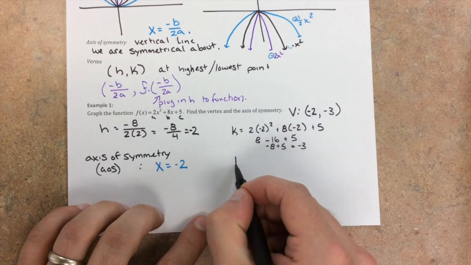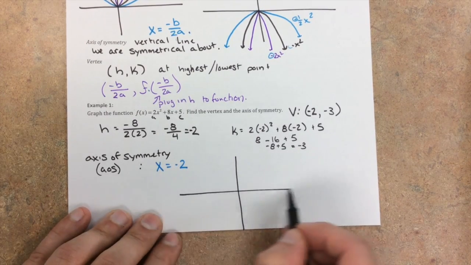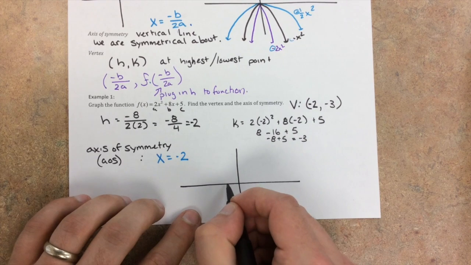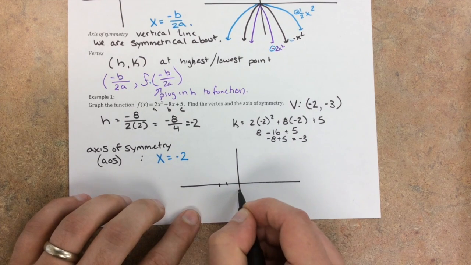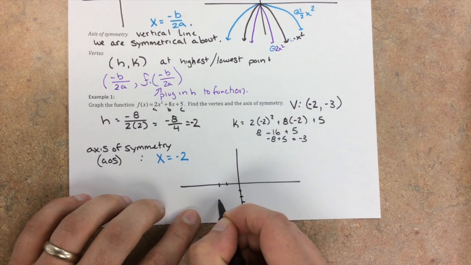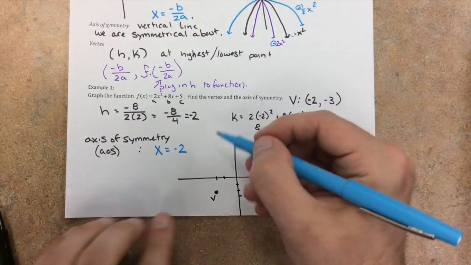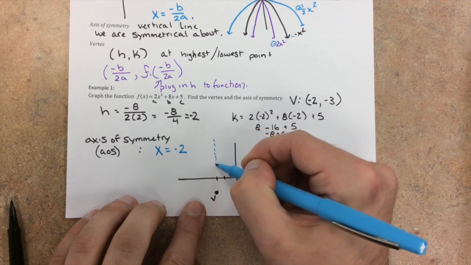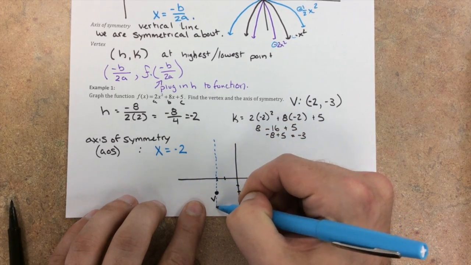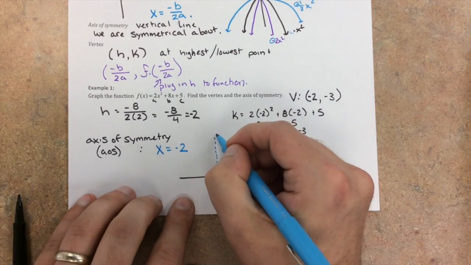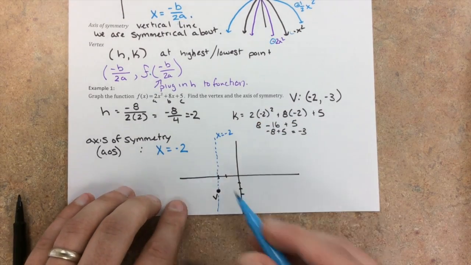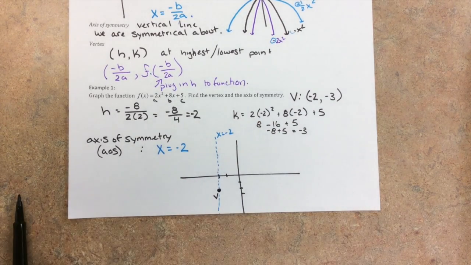Well, there's my graph. I'm going to go negative 2 and then down 3. That's my vertex. There's a couple other things that I want to put in here. If I draw an imaginary vertical line, that's my line x equals negative 2. That's my axis of symmetry.